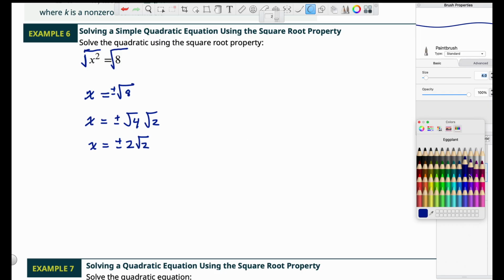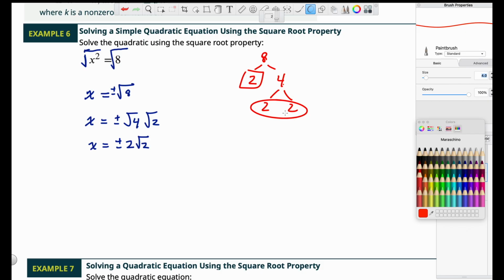Now, if you weren't sure how to come up with those factors, we can always just make a prime factorization tree. We start with 8, and then on the left we try to find our prime number. I know 2 goes into 8 4 times, and then 4 is 2 and 2, and I can circle my pairs and put a box around my solo number.